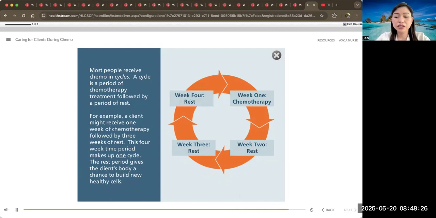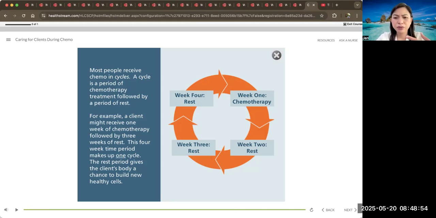A cycle is a period of chemotherapy treatment followed by a period of rest. For example, a client may receive 1 week of chemotherapy followed by 3 weeks of rest. This 4 week time period makes up one cycle. The rest period gives the client's body a chance to build new healthy cells.